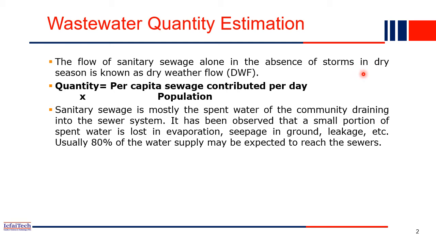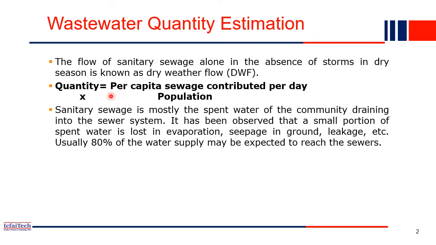During the monsoon, when the rain happens, rainwater also comes into the sewage along with the sewage water. Apart from that, in general, there is a dry weather flow, and that is what we are first identifying.